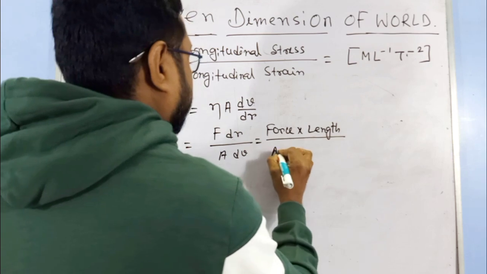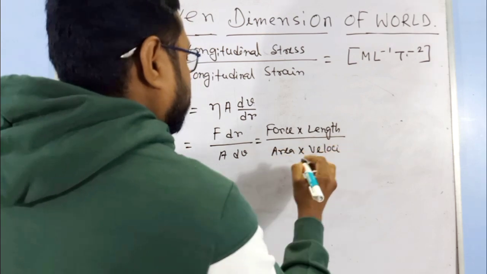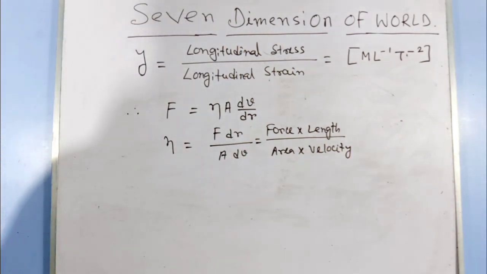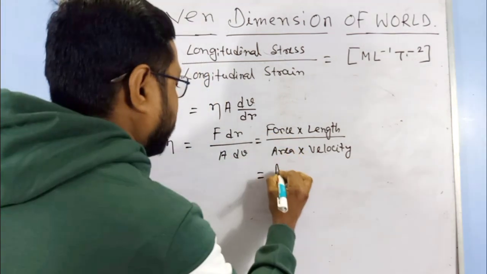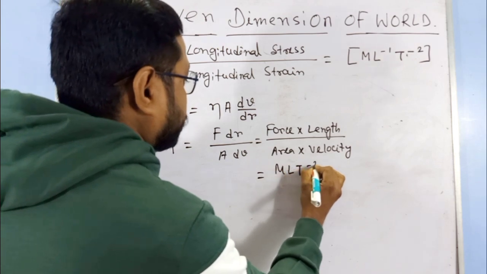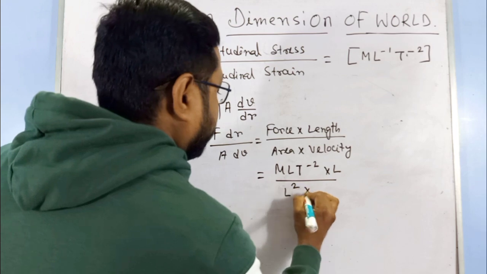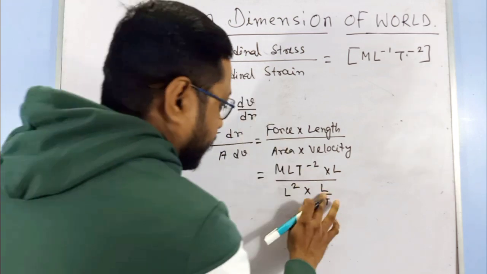by area into velocity. So what is the dimension of force? M L T minus 2. Length is L, area is L square, and velocity is L by T, L T minus 1.